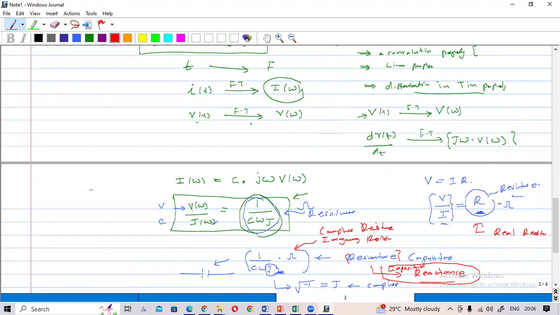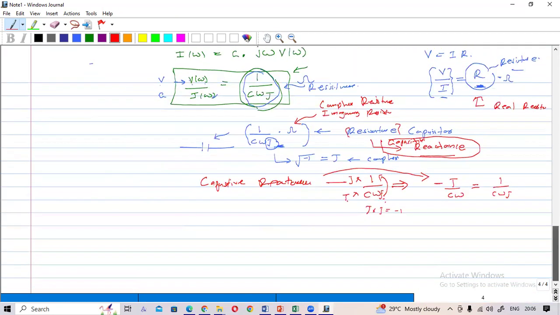if you consider the inductor, the same things you can see, but it is the vice versa of the capacitor.